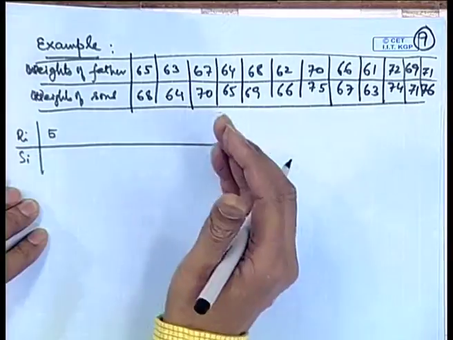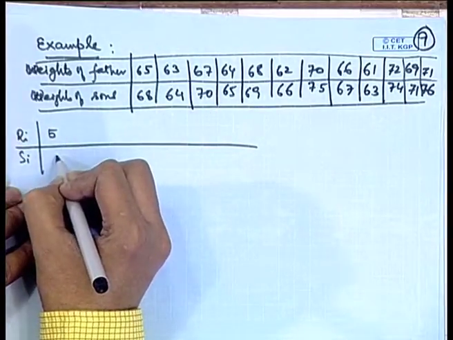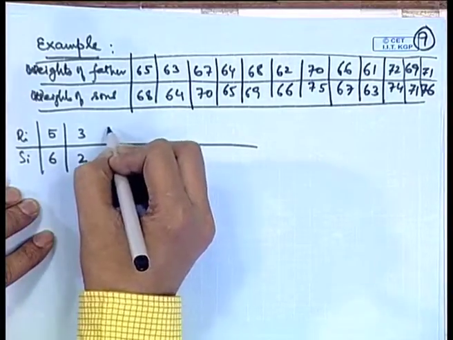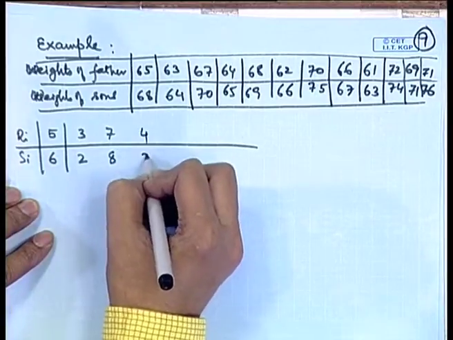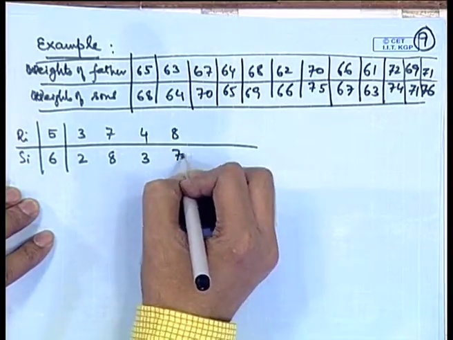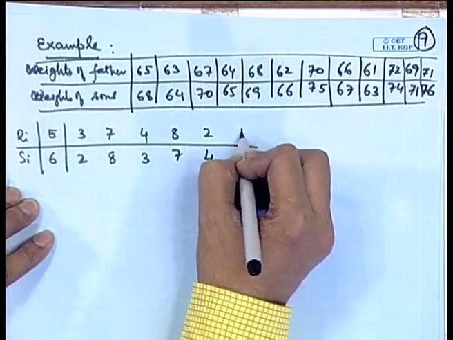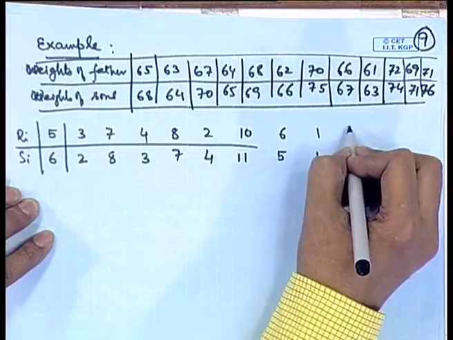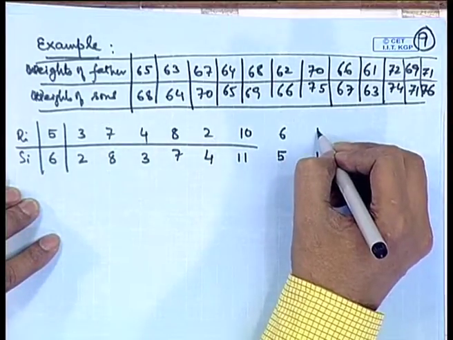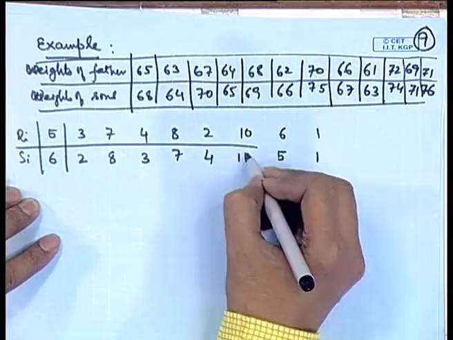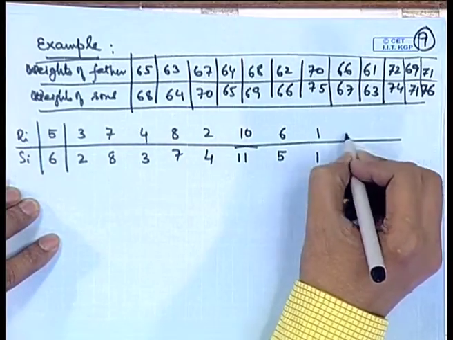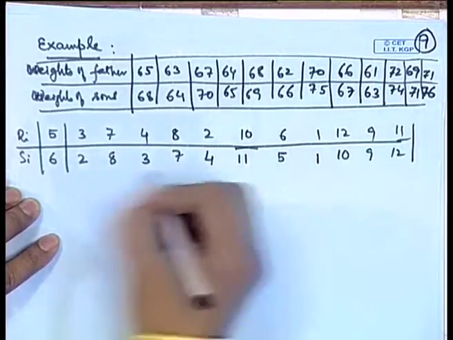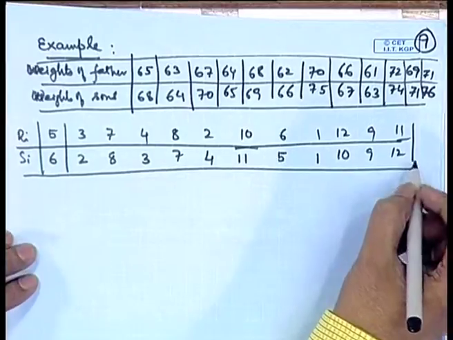From lightest to the heaviest we arrange: 5, 6, 3, 2, 7, 8, 4, 3, 8, 7, 2, 4, 10, 11, 6, 5, 1, 1. The heaviest father has the heaviest son: 12, 10, 9, 9, 11, 12. We want to see the concordance or not.